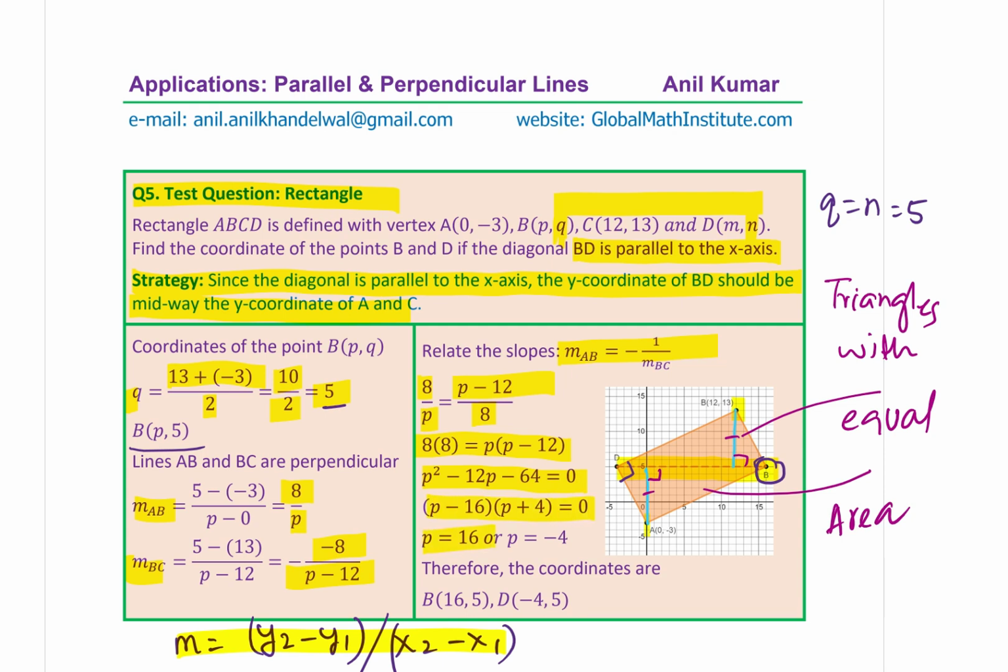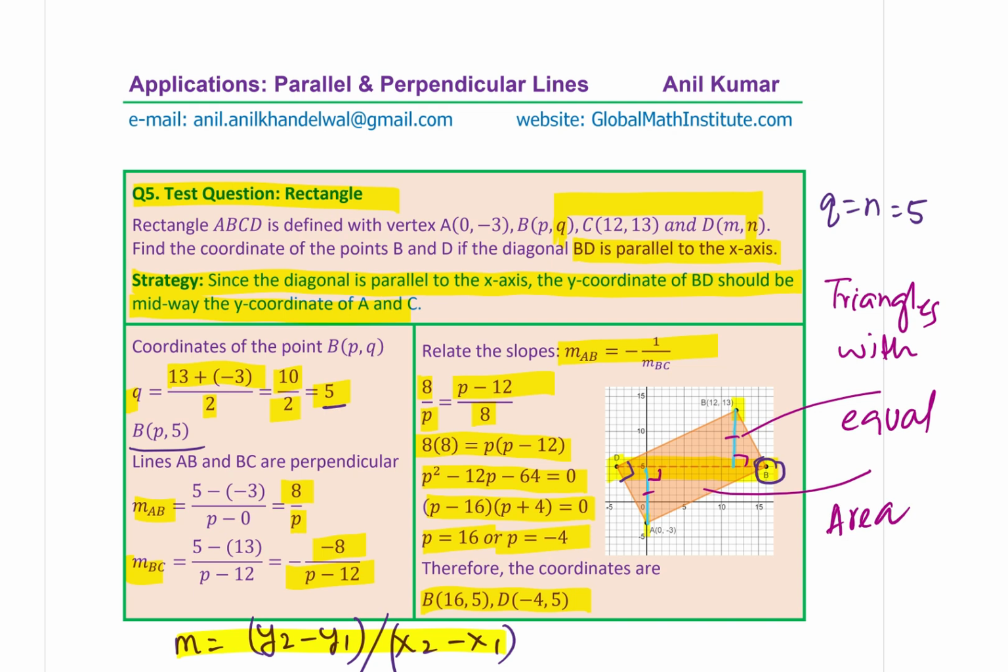You get p as 16 or -4. So that is how you will get your solution. At times, you may have to use the quadratic formula to find the value of p, right? And therefore, we get the points as mentioned here. B is (16, 5) and D, using the other value of p, is (-4, 5).